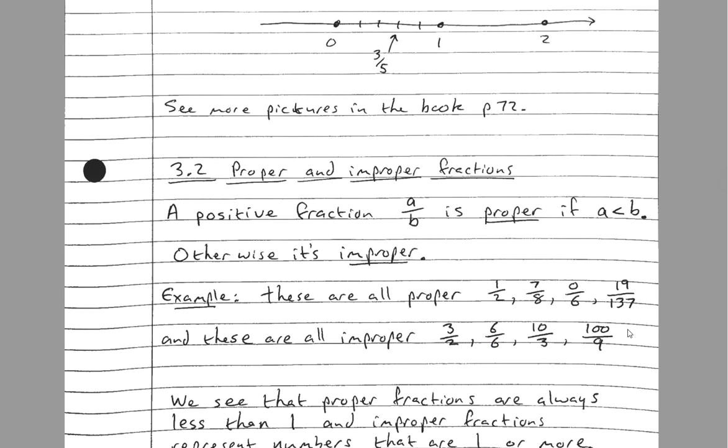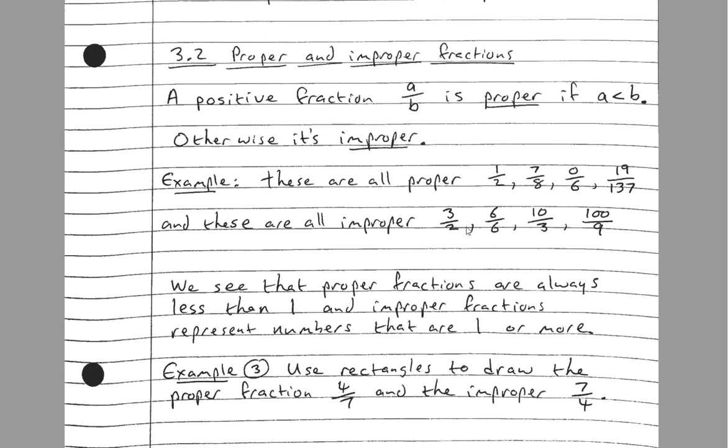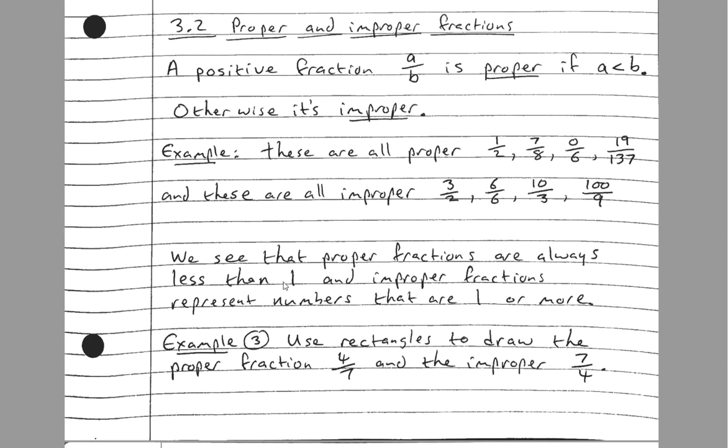All right, so any positive fraction, you can classify right away as proper or improper. Now if the top number is less than the bottom number, then that proper fraction is always going to be less than 1.